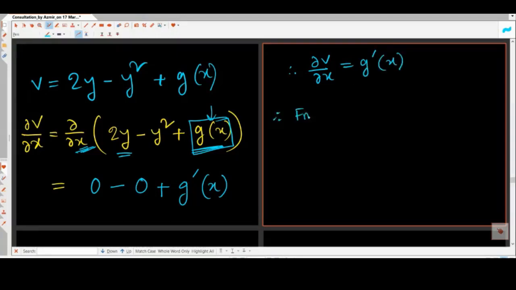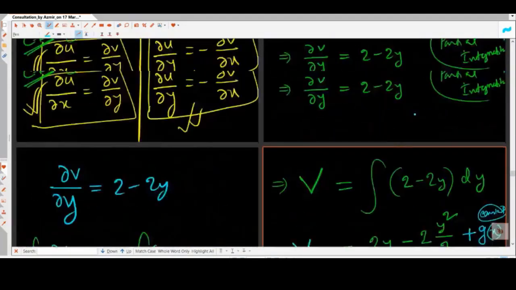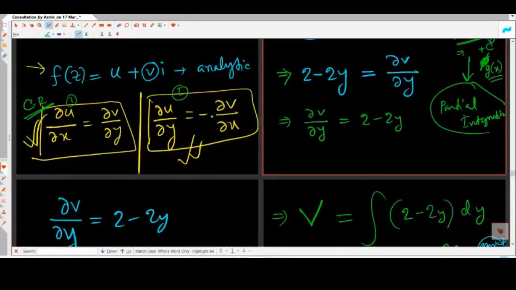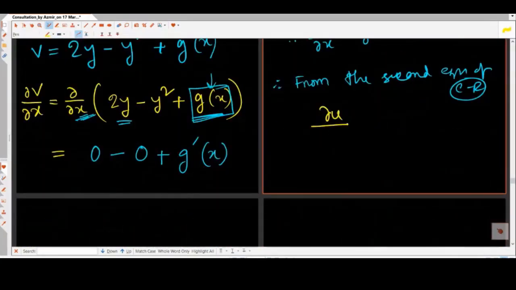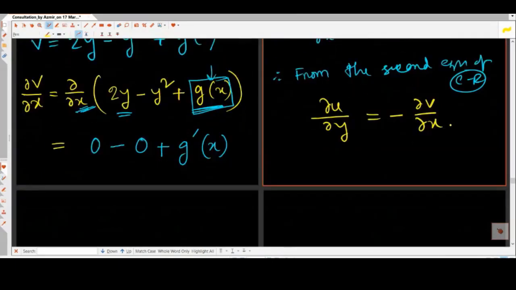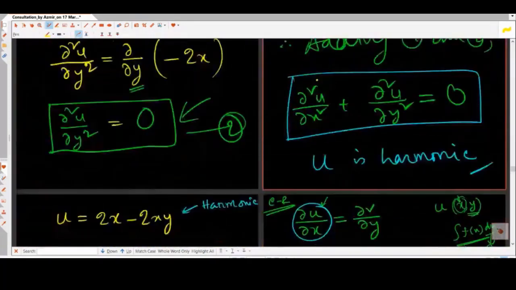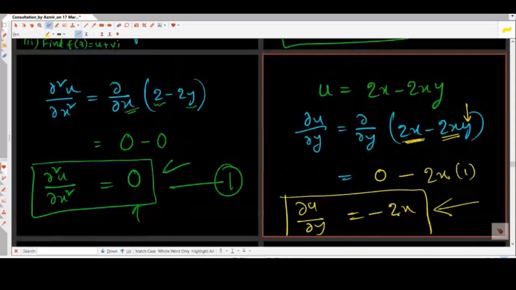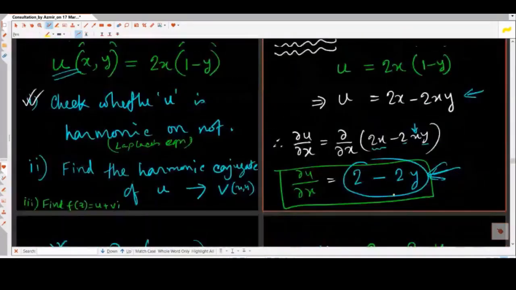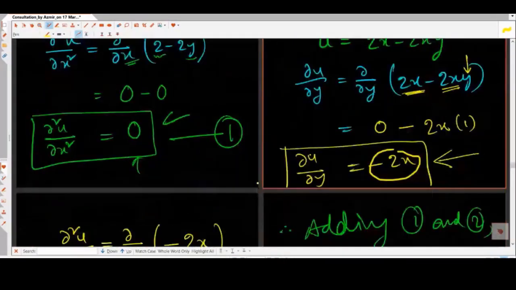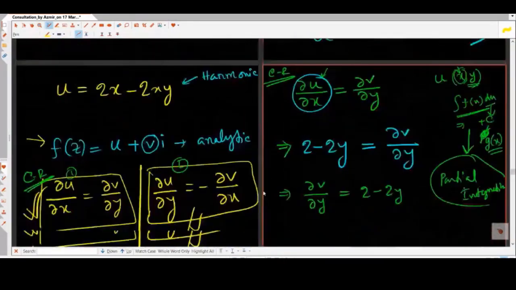Now from the second equation of Cauchy-Riemann, we have du dy equals negative dv dx. You can remember that we found du dy in our first part. So du dy is negative 2x.